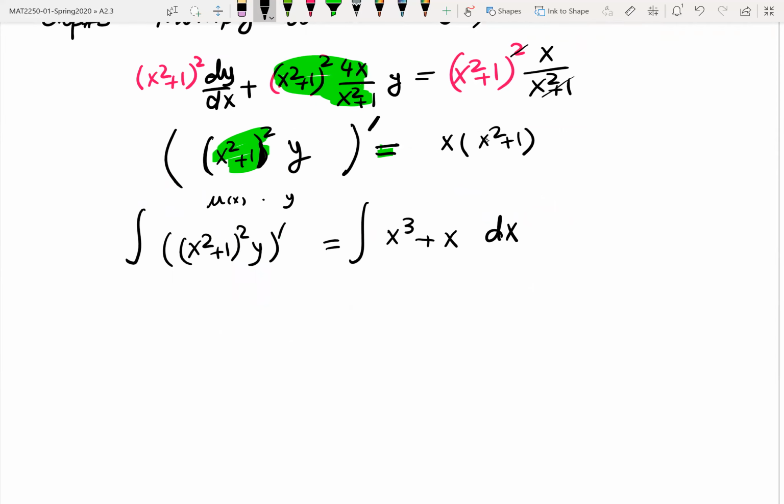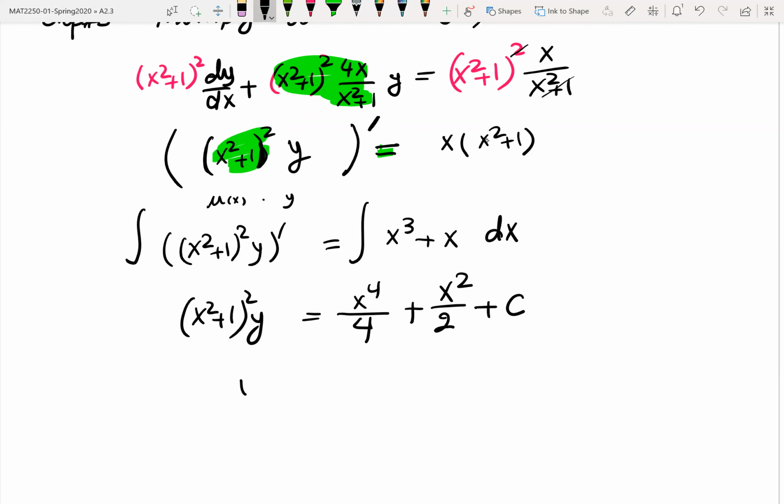Integration and derivative cancel out, and that is going to be x to the fourth divided by 4, plus x to the second divided by 2, plus constant of integration, and then this is it.